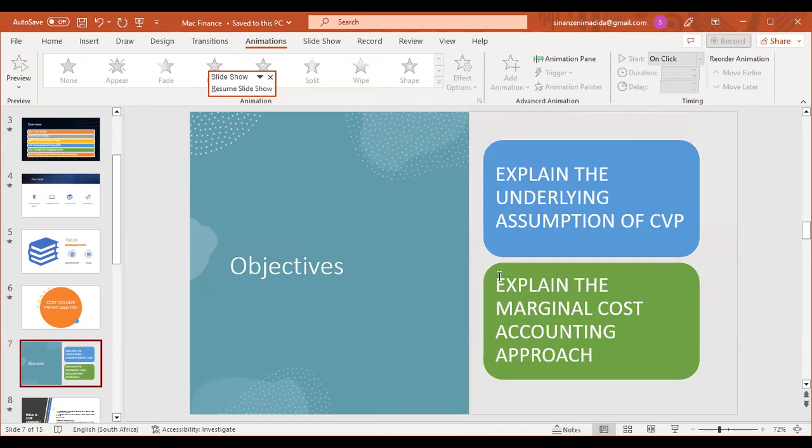Then another thing that you will need to know before we break today is to explain the marginal cost accounting approach. Why are we preferring the marginal cost accounting approach? Because when we are using CVP, it is a requirement that we use our marginal costing approach.